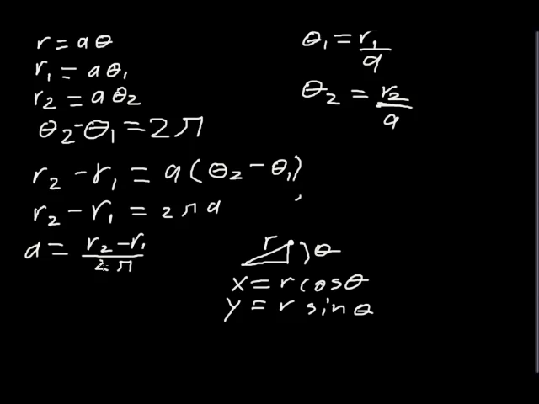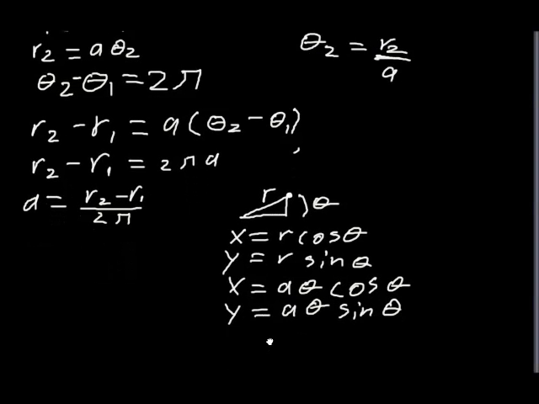And so we can't have r in our parametric representation. Everything has to be a function of only theta, so we can go back to here and say that r is equal to a theta. So then we're going to end up with x is equal to a theta cosine of theta, and y is equal to a theta sine of theta.